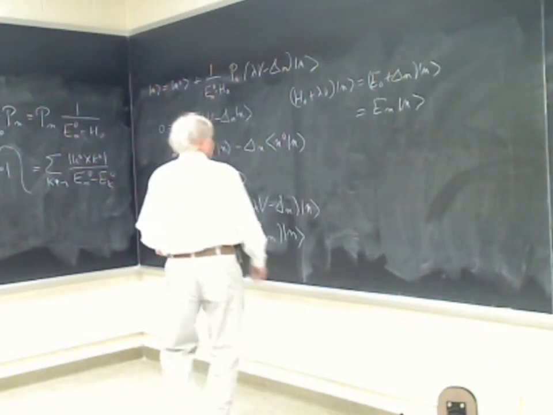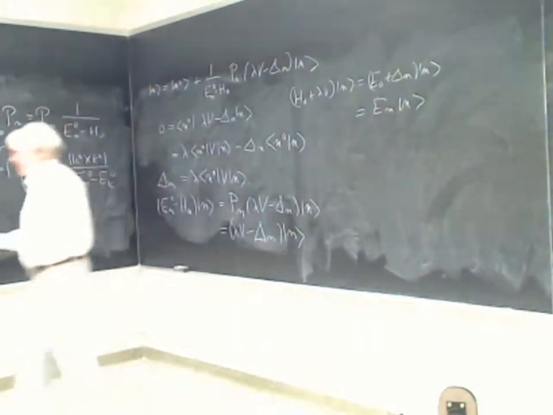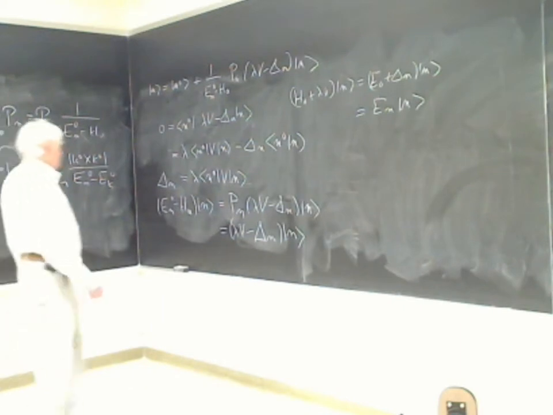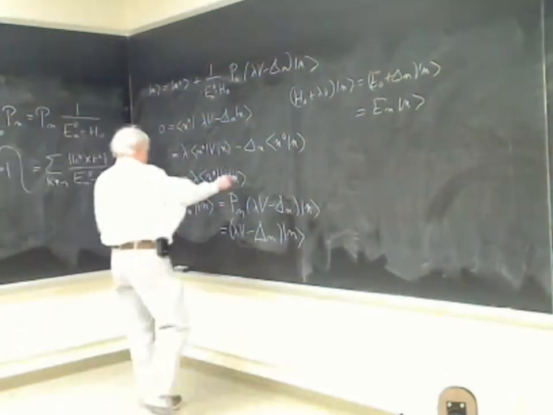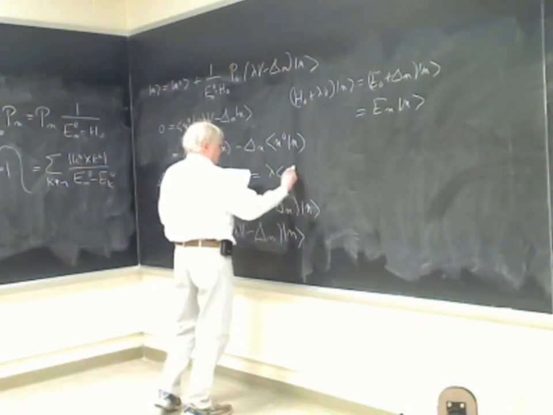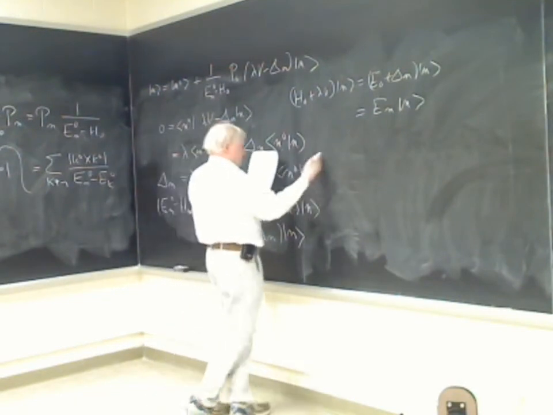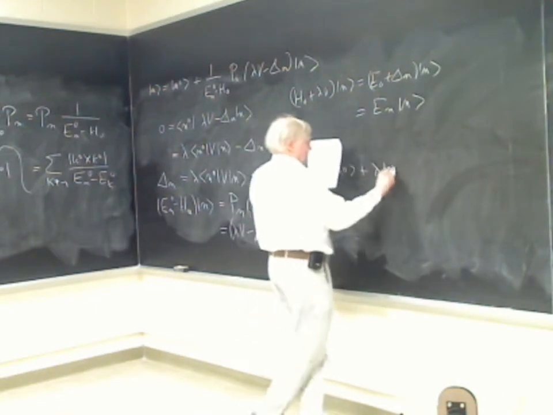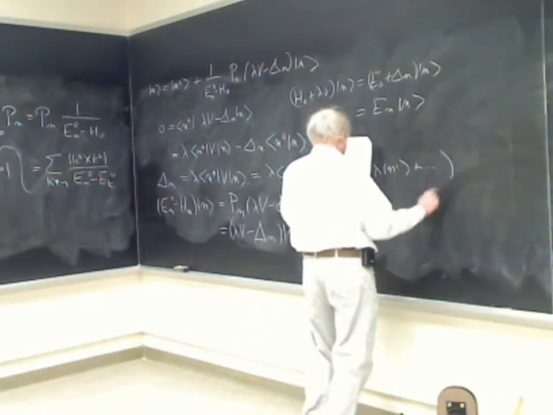So in particular, we can take this sum then of this power series, the lambda expansion of the exact eigenstate, and we can stick it into this formula, and what we get then is lambda n0 V times n0 plus lambda n1 plus dot dot dot.